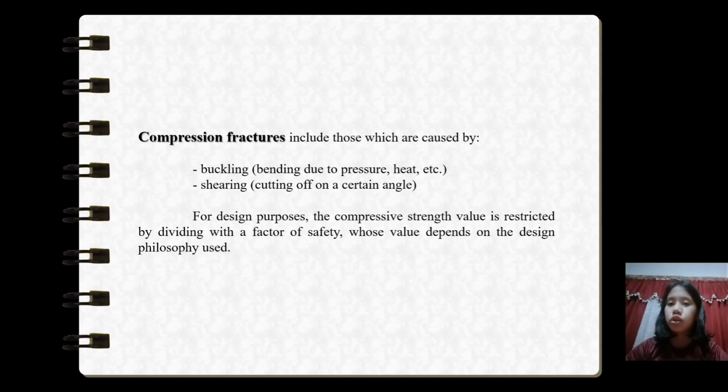Compression fractures include those caused by buckling, bending due to pressure, heat, etc., and shearing, cutting off at a certain angle. For design purposes, the compressive strength value is restricted by dividing by a factor of safety whose value depends on the design philosophy used.